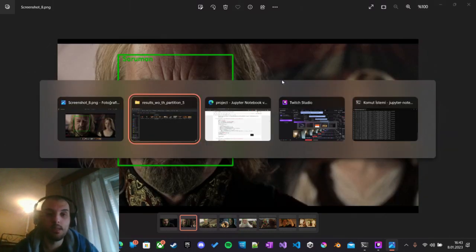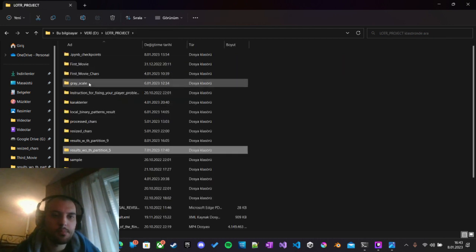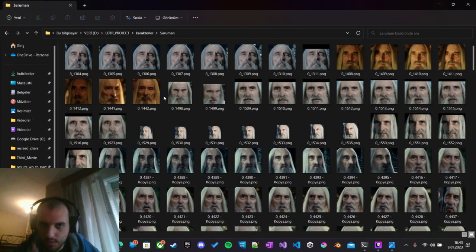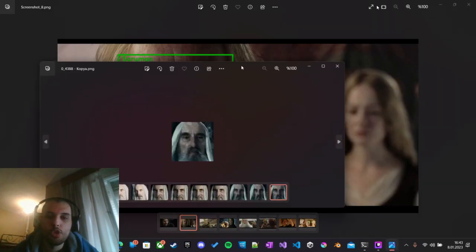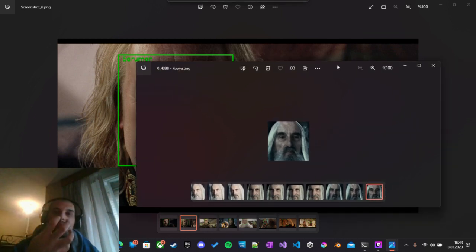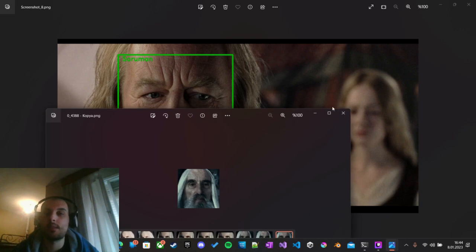Let me find the photo of Saruman real quick. As you can see here, their nose and eyebrows are pretty similar, and I am weighting the center of the image the most, so this is misclassified as Saruman.